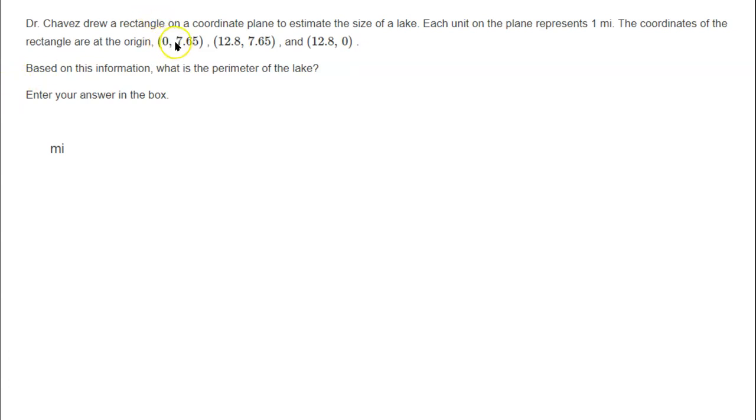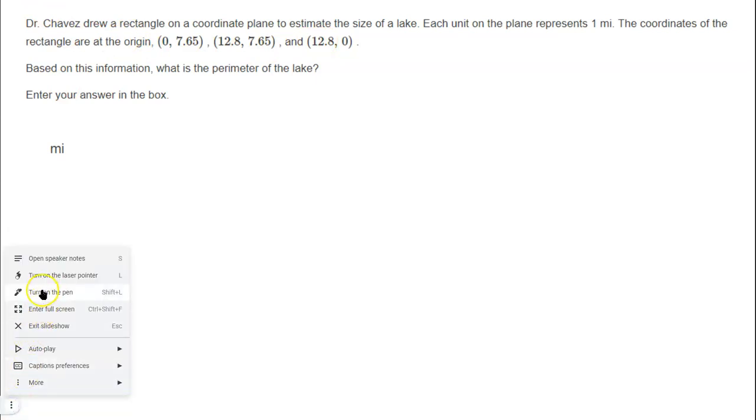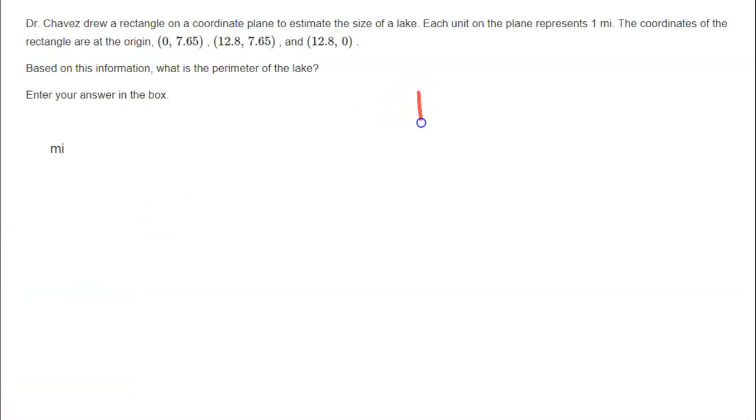So one of them is 0, 7.65, and the other one is 12.8 and 7.65 and 12.8 and 0. So we've got a rectangle here. They've given us 3 measurements. If you'd like, you can draw it out. If it ever seems a little bit confusing, draw it out.